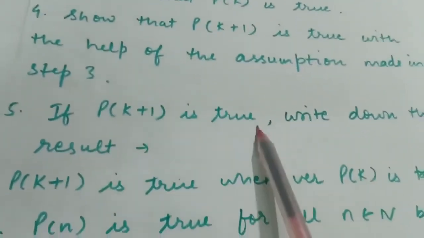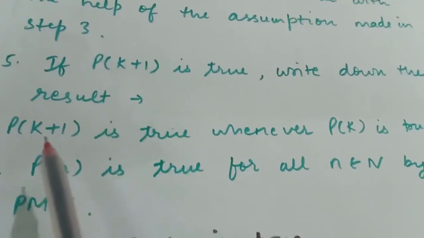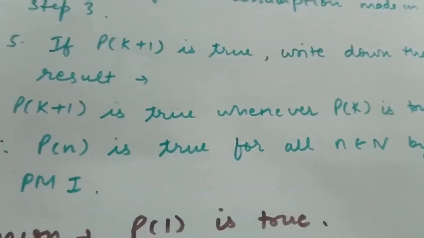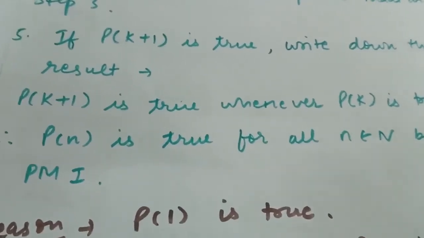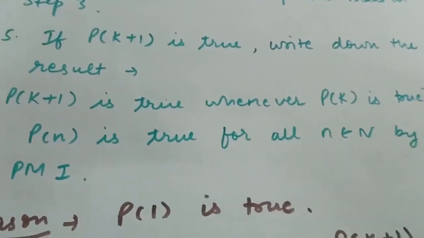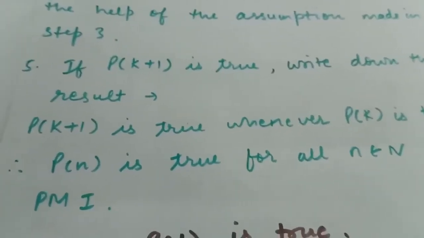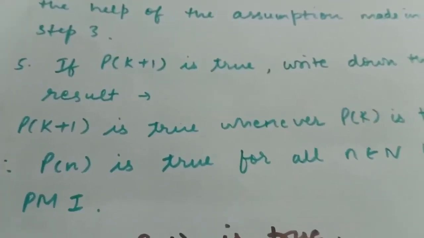If Pk plus 1 is true, then you have to write down the result that Pk plus 1 is true whenever Pk is true. Therefore, Pn is true for all n belongs to natural numbers by PMI. So this is the complete concept of principle of mathematical induction.